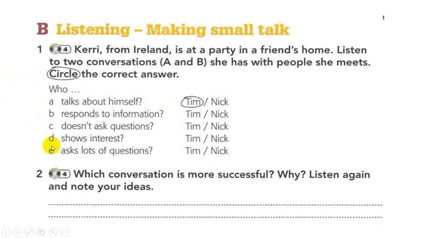So, have you circled the correct answers for Nick? Yes, B. Responds to information. D. Shows interest. And E. Asks lots of questions. Very good. Thank you. So, which conversation is more successful and why? Let's listen again and note your ideas.